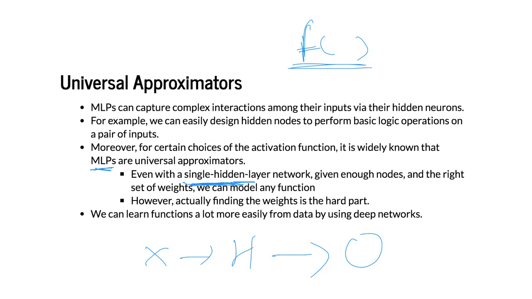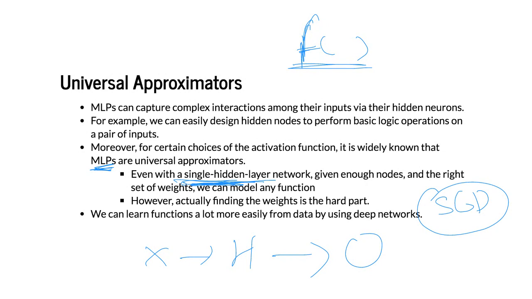Now, there is a caveat with this theoretical result, and the caveat is that we need to know the weights. So for this single layer MLP, if we know the weights, then we can approximate any function. But the problem is that our training algorithm, which is SGD, is not powerful enough to find the weights for a single layer MLP.